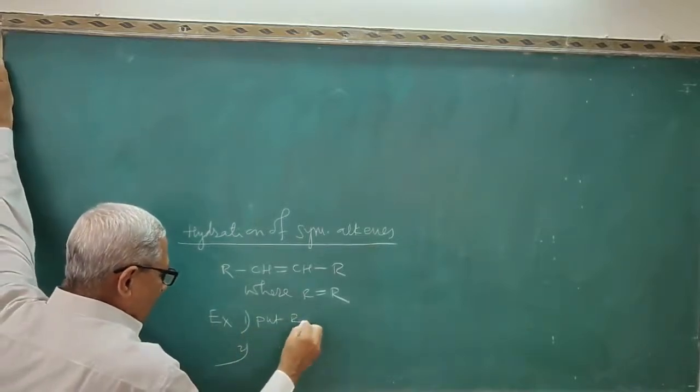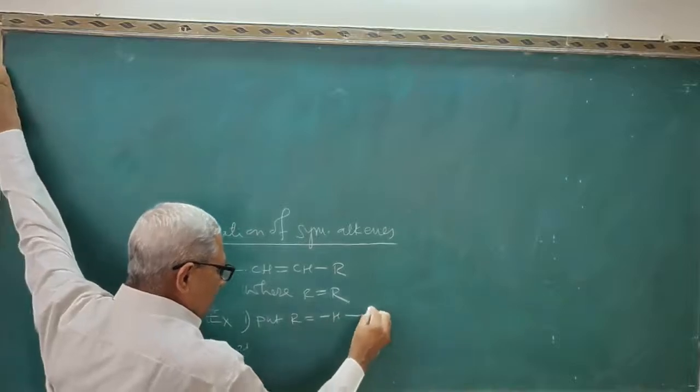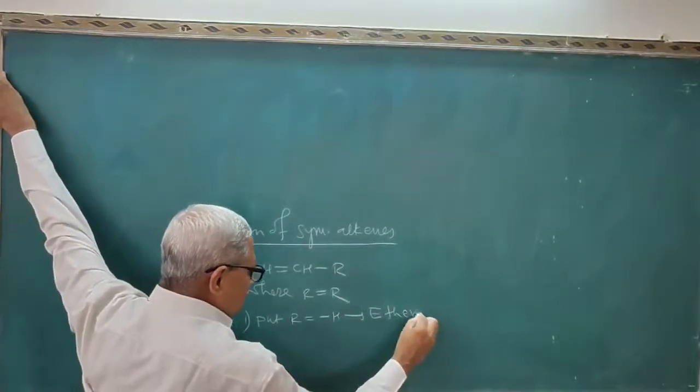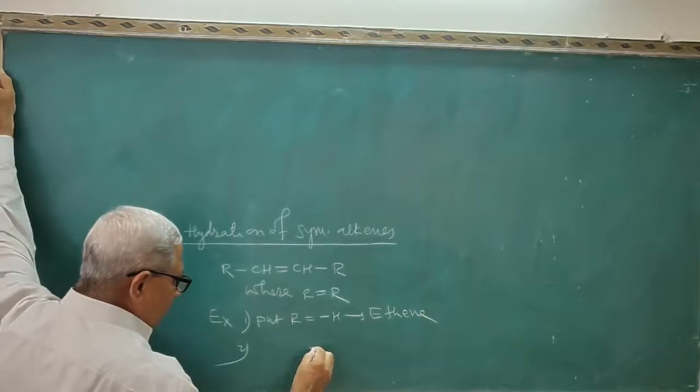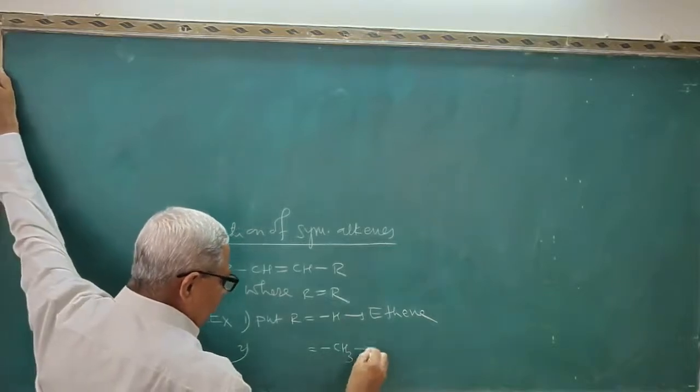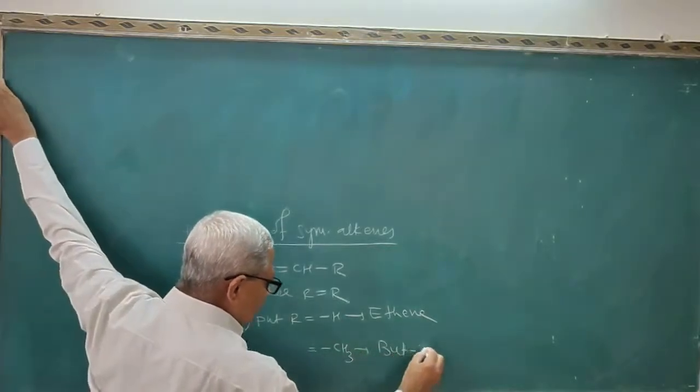Put R equal to H, in this case we will get the structure of ethene. Put R equal to CH3, in this case we will get the structure of but-2-ene.